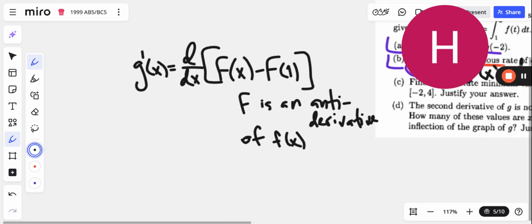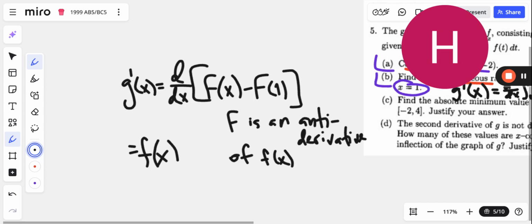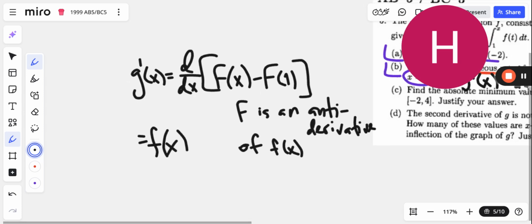And if we take the derivative of that, then we're just going to end up with little f of x. Okay, it's not bad. So g prime at this point, x equals 1, is simply going to be f of 1.